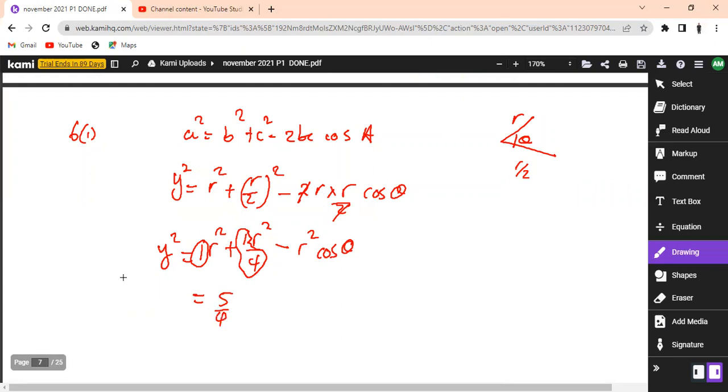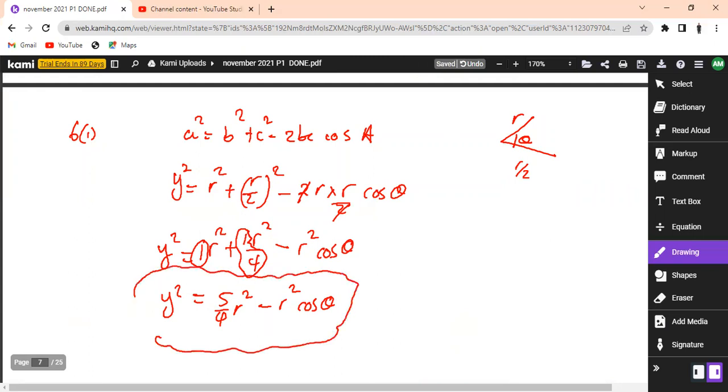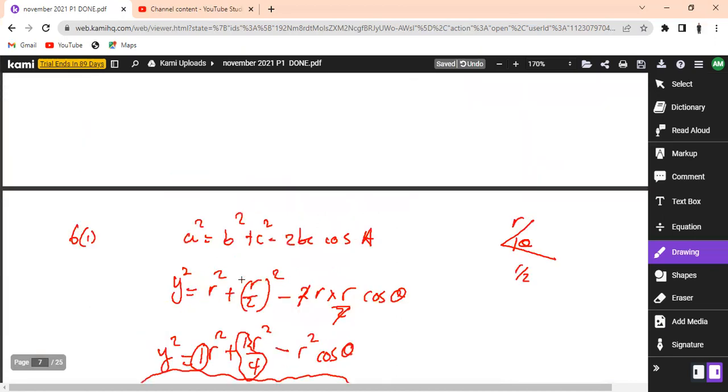So y squared is 5 over 4 r squared minus r squared cos theta. Take note, this cannot be simplified unless you factor out r squared, but you can leave it like this. We have expressed y squared in terms of r and theta. That was the question.